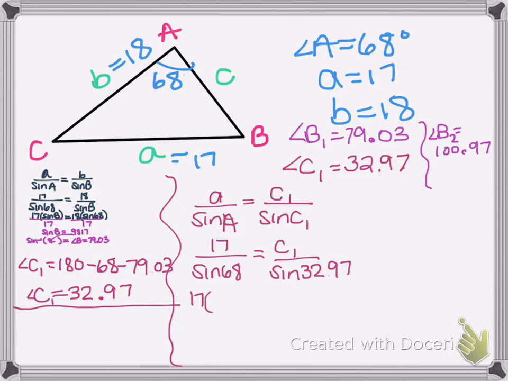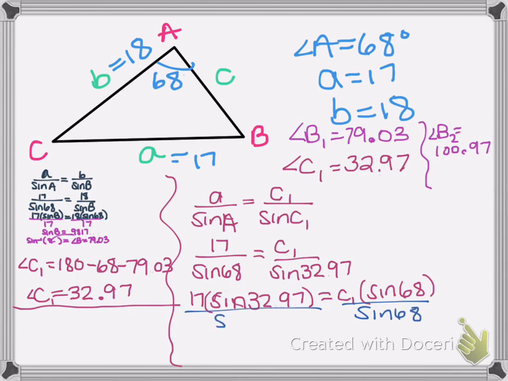So 17 times the sine of 32.97 would equal C1 times sine of 68, and then I'm going to divide by the sine of 68. And I get C1 is 9.97, so 9.977 or 9.98.